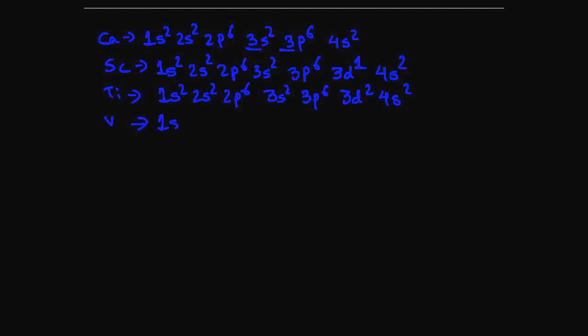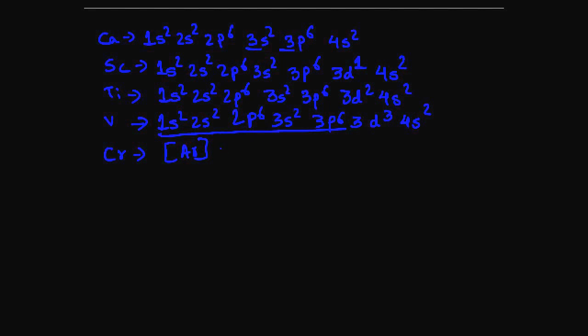Vanadium: 1s2, 2s2, 2p6, 3s2, 3p6, 3d3, and 4s2. Chromium. Now, I'll be noting this as argon because it's too lengthy to write the entire configuration, as argon is 1s2, 2s2, 2p6, 3s2, and 3p6.